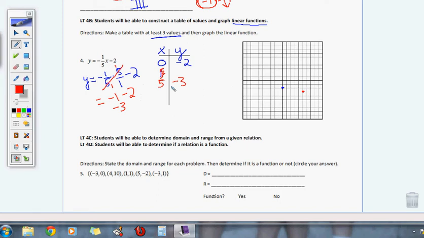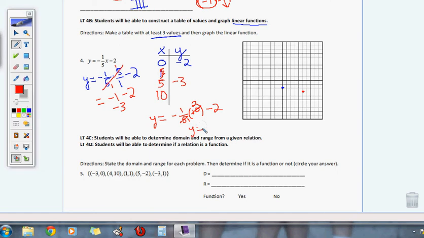All right, so we need one more, and if you thought 5 worked nice, how do you think 10 would work? So if we put in 10 here, I'm doing y equals negative 1/5 times 10 minus 2. And then 10 over 5 reduces to 2 over 1.